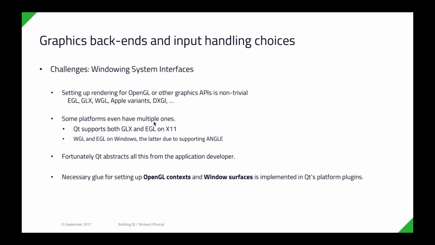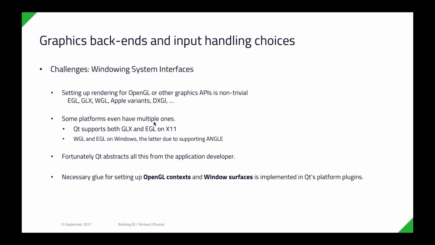As you know, it's not easy to play with these different windowing system interfaces. For example, even if you had to render a simple OpenGL, you would have to write a piece of code wherein you create a window, then obtain a handle to the window, then obtain the right surface to do the OpenGL rendering on.